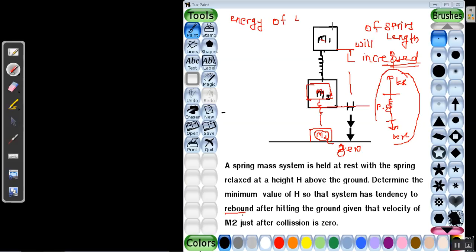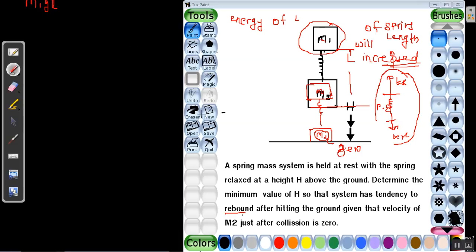So the energy of m1 and the spring is going to be conserved. What is the potential energy of m1? This will be m1gl.